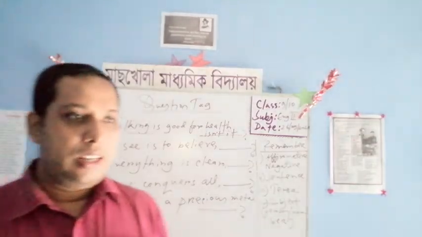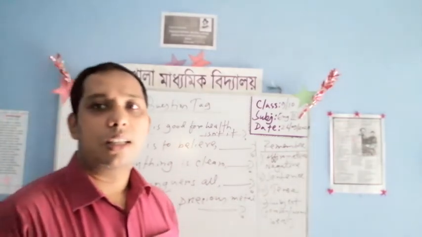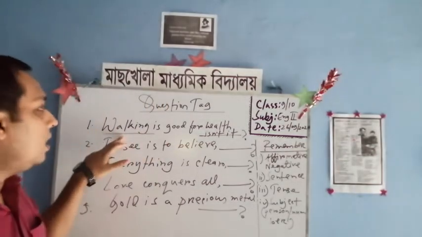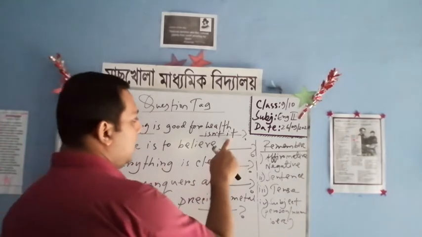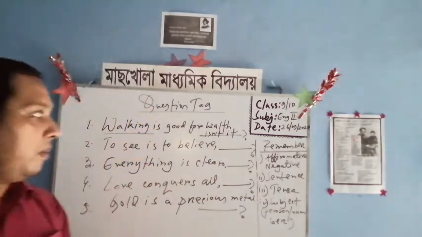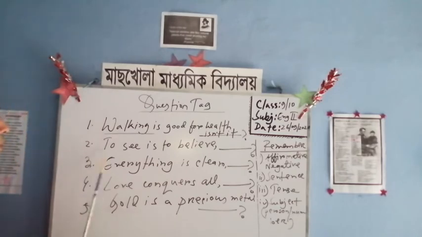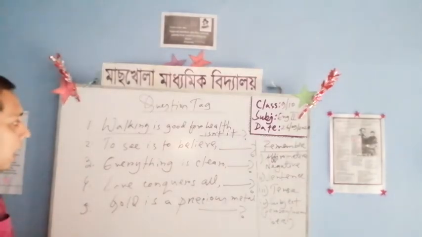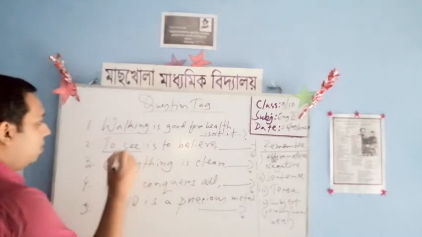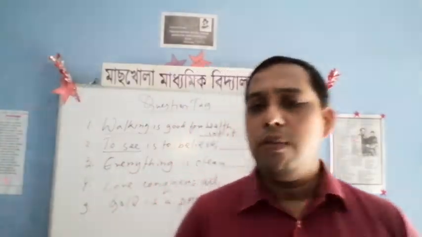If any sentence starts with an ing subject, that is called a gerund, so the pronoun for the answer will be it. Look at the next sentence: to see is to believe. This is an infinitive. We also use it in case of infinitive.